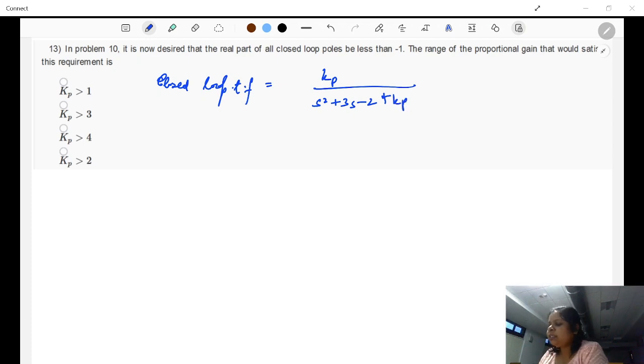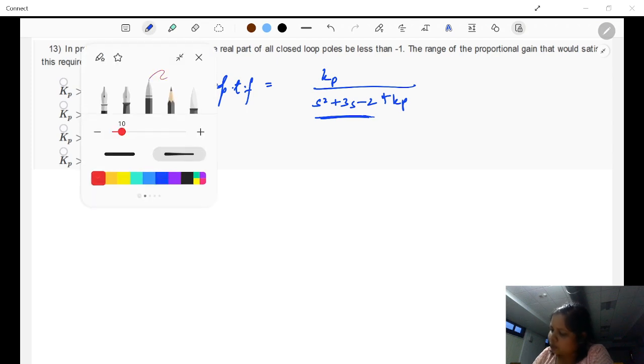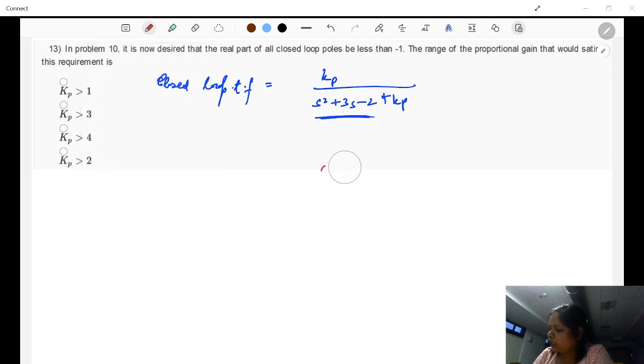So in problem 10, it is now desired that the real part of all closed loop poles be less than 1. Real part has to be less than 1. So what is the range of Kp? That is essentially being asked. So real part has to be less than 1 means definitely we have to find out what are the roots of this characteristic equation, right? Once we know the roots, we'll be able to say how they can be made less than 1.